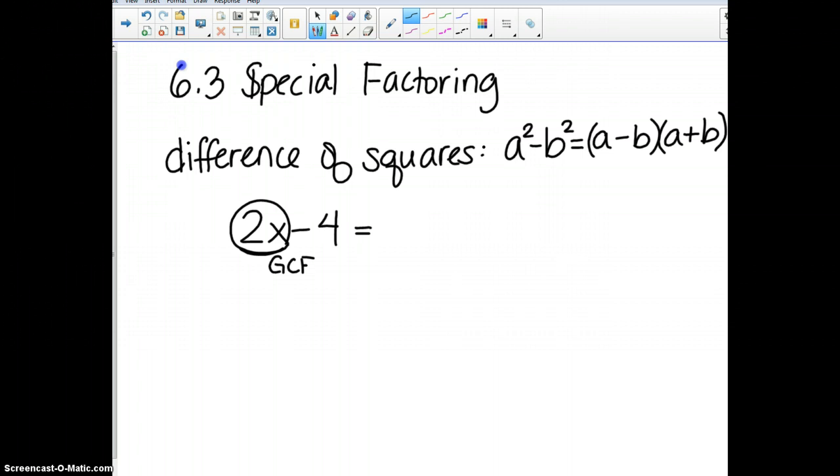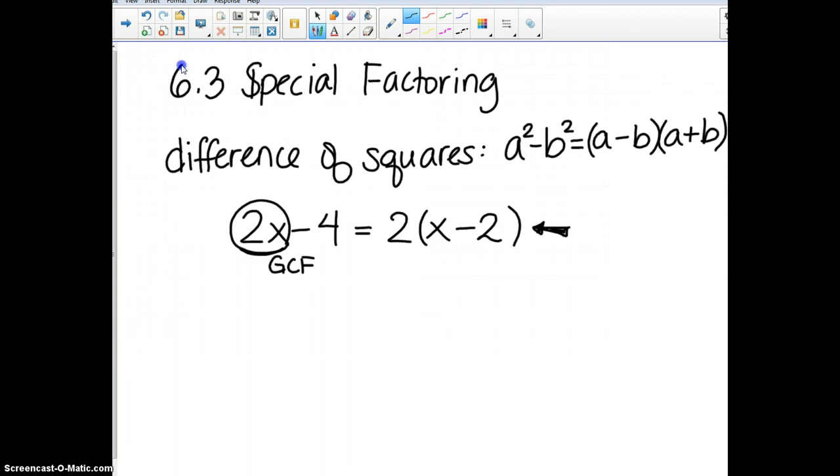With 2x minus 4, that greatest common factor is 2. So we can pull the 2 out, and we're left with x minus 2 for the other piece. And this is not one of our special binomials. It's not a case that looks like the formula given above.